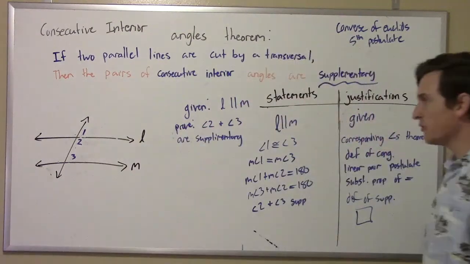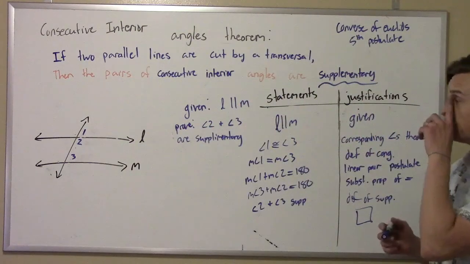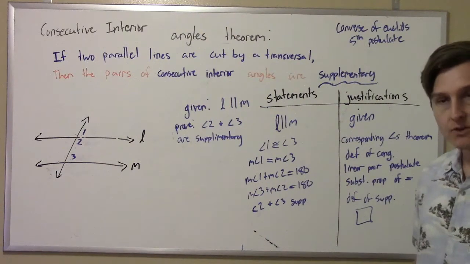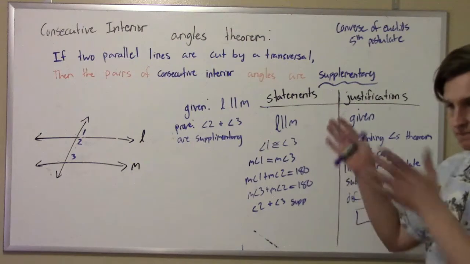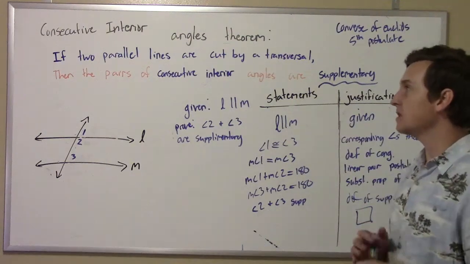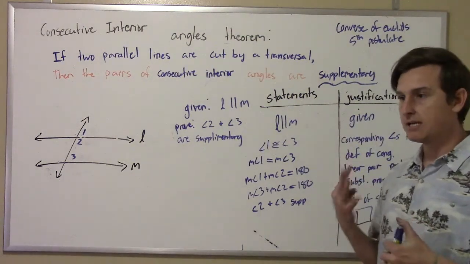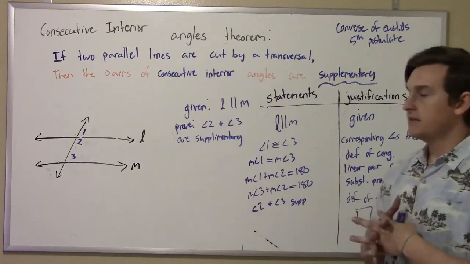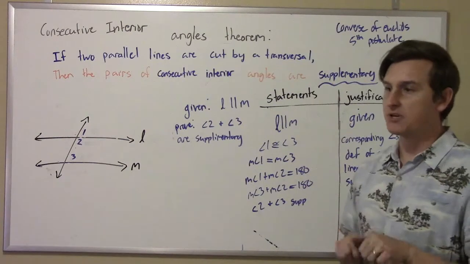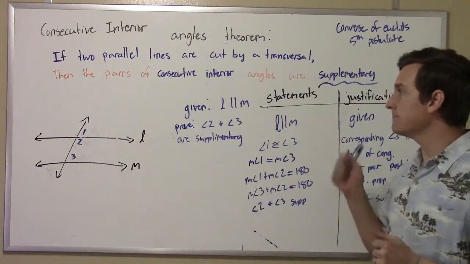Not too long of a proof. But again, the really important point is that when we have the corresponding angles theorem, we get the other three. Those follow from that theorem. So that's all four. Now you've got them. These are going to be the four proofs in your homework today, so that should help you. There are going to be a couple of other problems after that where you're going to use these theorems again. But there you go.